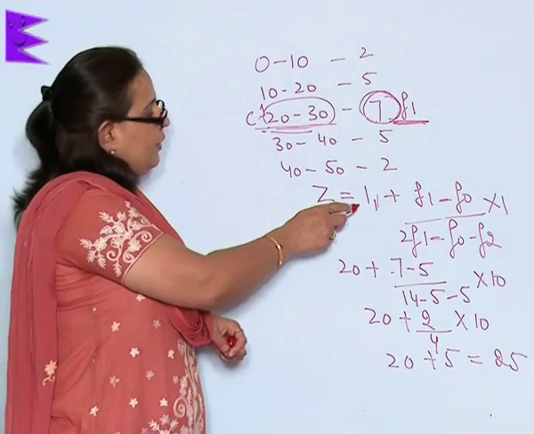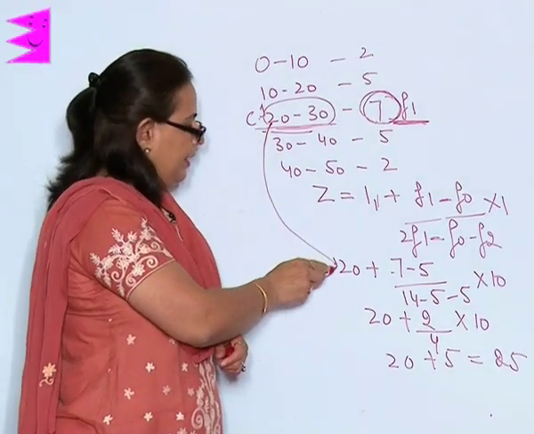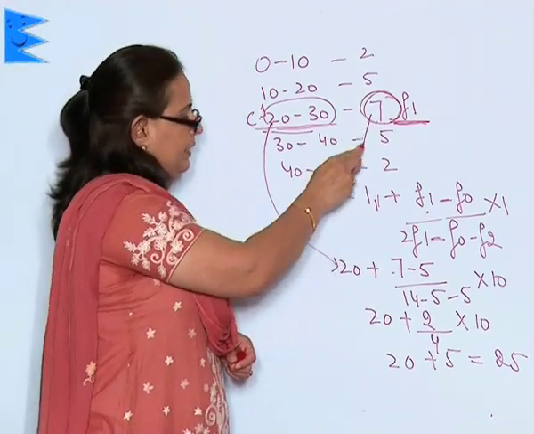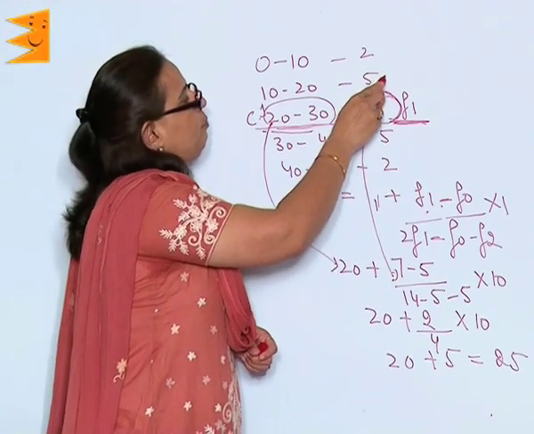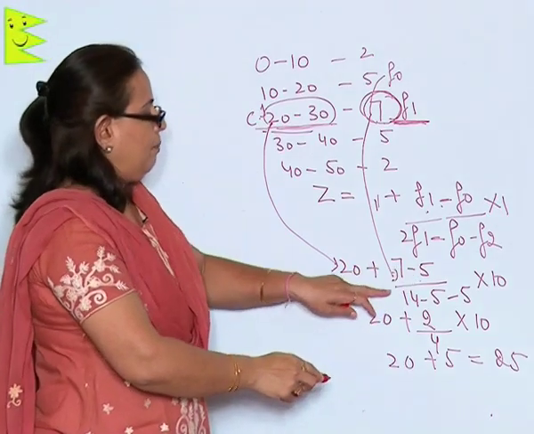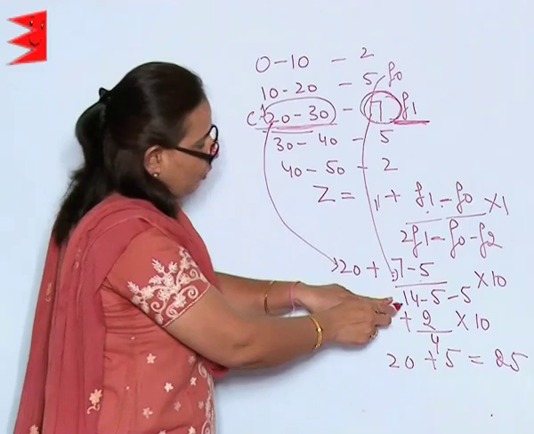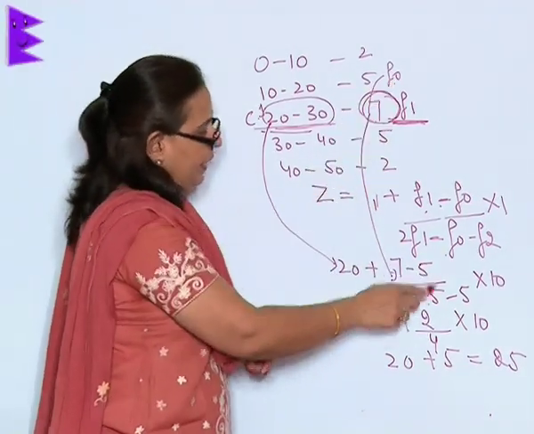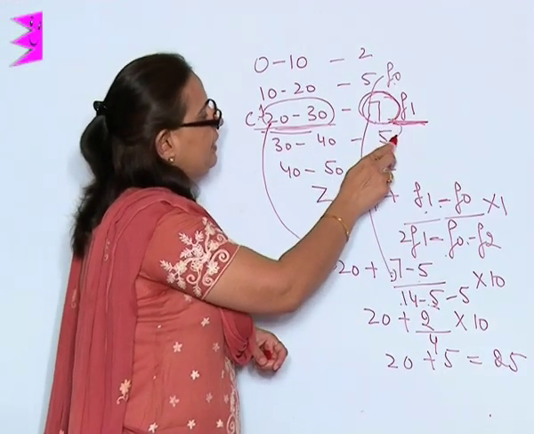The lower limit that I have here for 20 to 30 is 20, and the f1 that I have is 7. f0 is the one which is before, so minus 5, and upon 2f1, which is 7 into 2 is 14, minus f0 which is 5, and minus f2.